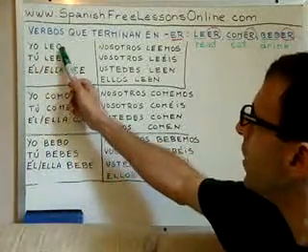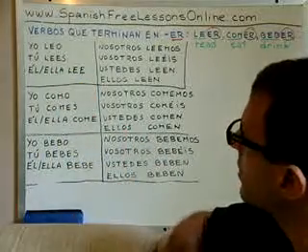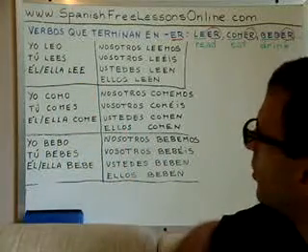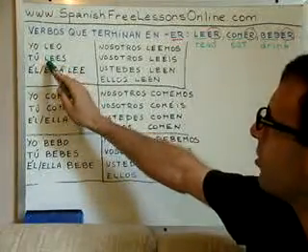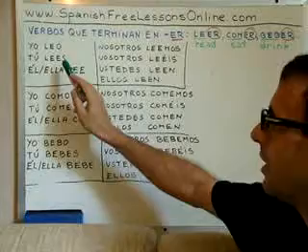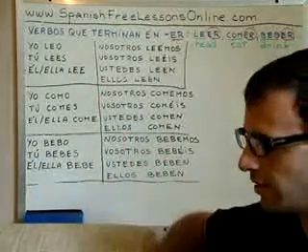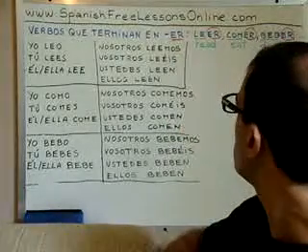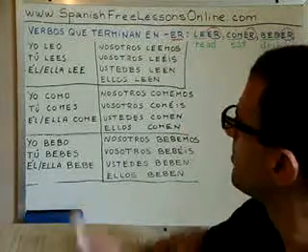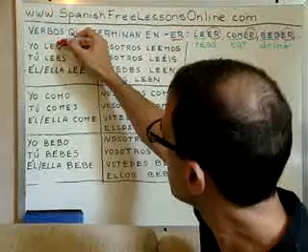Yo leo. Pay attention that the root is always the same, and what changes is the ending for the conjugation. Let's mark the ending with red. Okay?